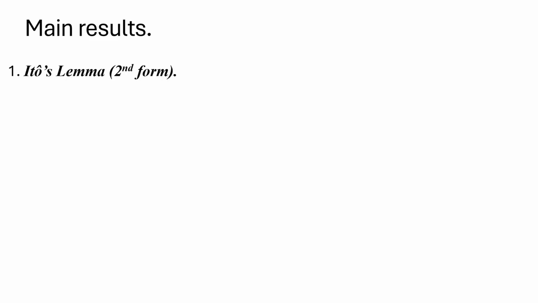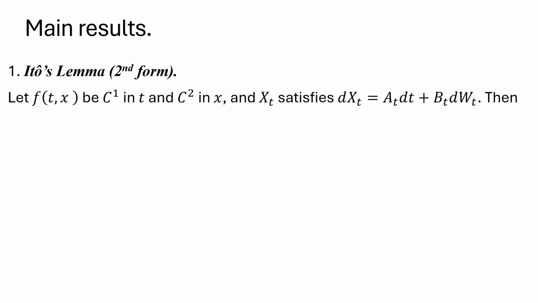First, we have Itô's lemma, the version most commonly encountered in literature. Let f of t and x be a deterministic function that is C1 in t and C2 in x. Recall from calculus, C1 in t means the partial derivative of f with respect to t is continuous, and C2 in x means the second order partial derivative of f with respect to x exists and is continuous.